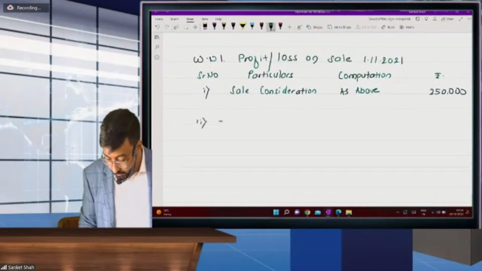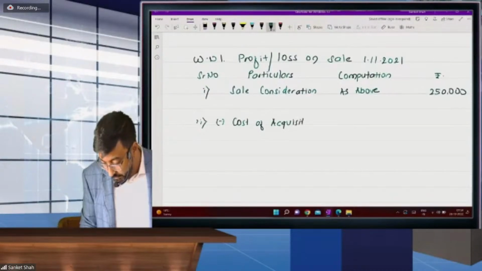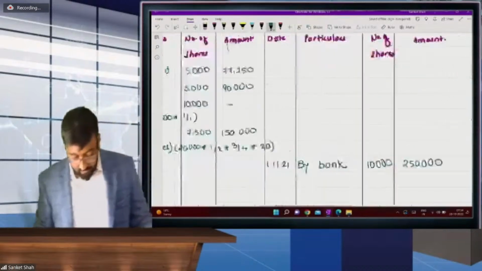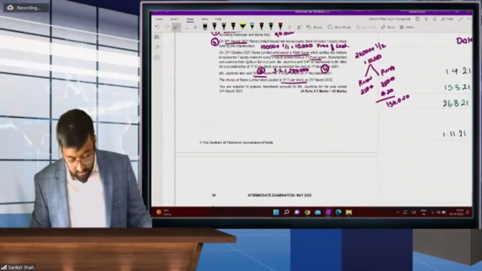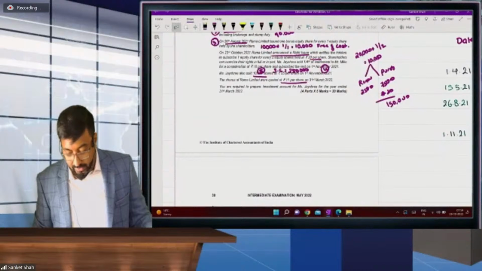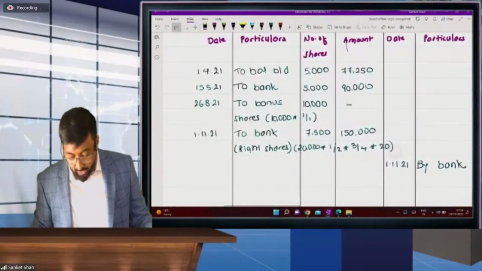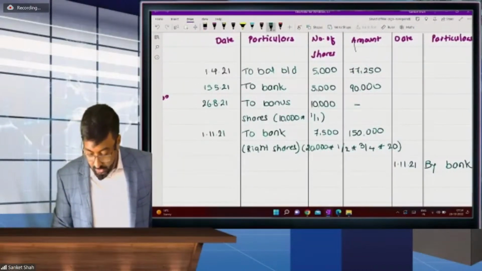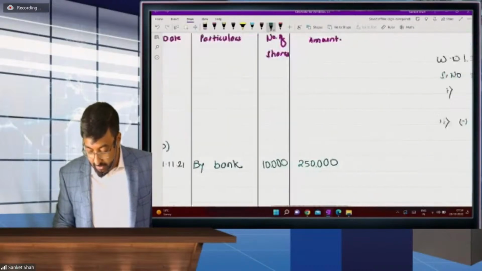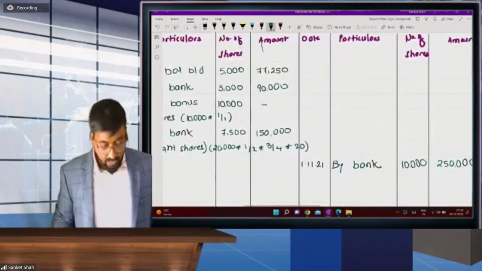Roman 2, less cost of acquisition. Using weighted average method. If nothing is given for shares, it is weighted average method. How many shares you have? 5,000 plus 5,000 plus 10,000 plus 7,500, 27,500 shares at rupees.